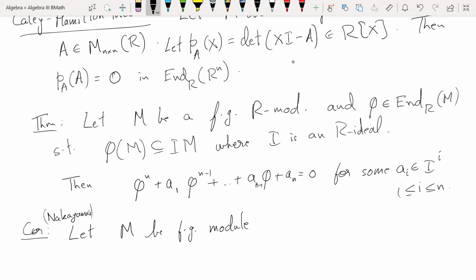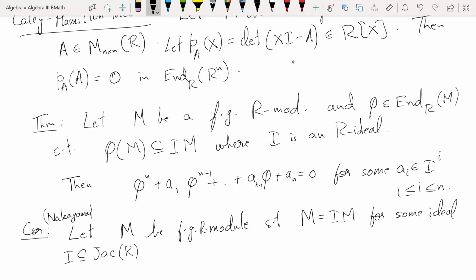I'll write the generalized version: let M be a finitely generated R-module such that M equals IM for some ideal I contained in the Jacobson radical of R. If R is local, then it just says that I should be a proper ideal.